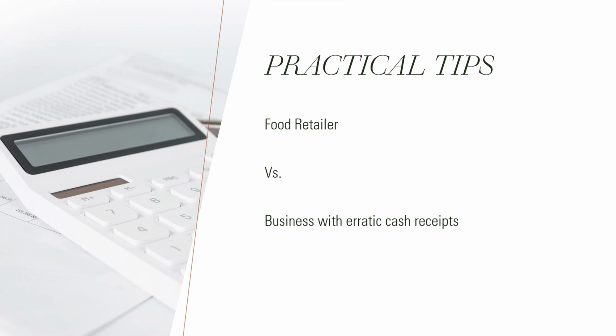The classic example being a food retailer whose stocks are usually sold within days or even hours of them being put on the shelves and whose customers pay immediately in cash. Such a business could survive quite easily on a current ratio which is very much lower than 2:1. At the other extreme, a business which had erratic cash receipts might require a very much higher current ratio.